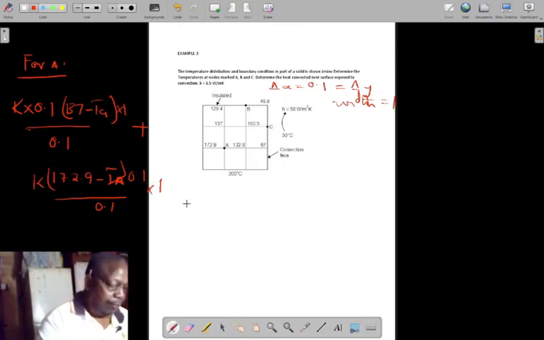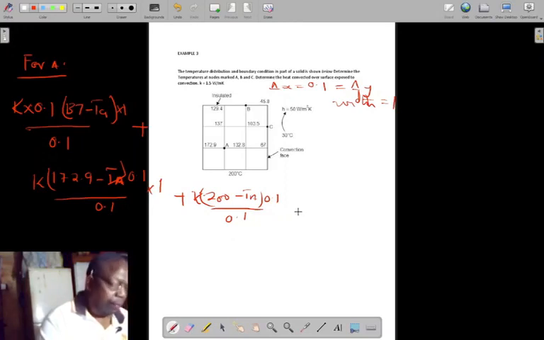Then we will have plus, looking at this face here, 200 minus TA divided by 0.1 times 0.1, and we have a k.